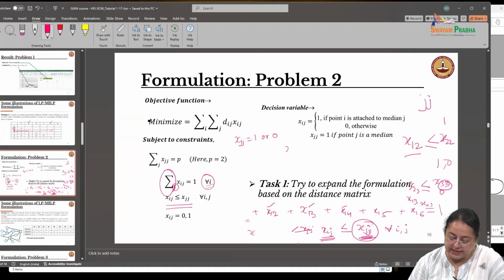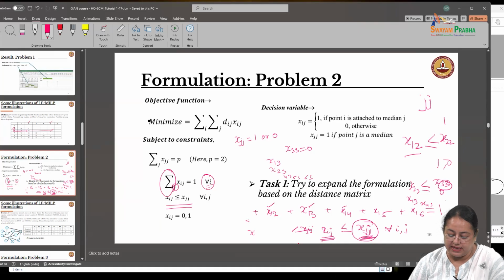If X33 turns out to be 0, what does this mean? Nothing should be assigned to the third facility. Nothing to be assigned means X13 should never be assigned to the third facility. X23 cannot be assigned to the third facility. Same with X43, X53, X63.